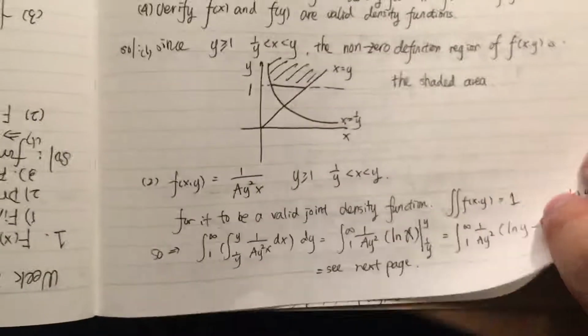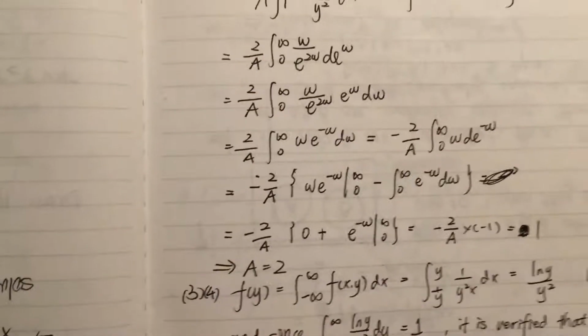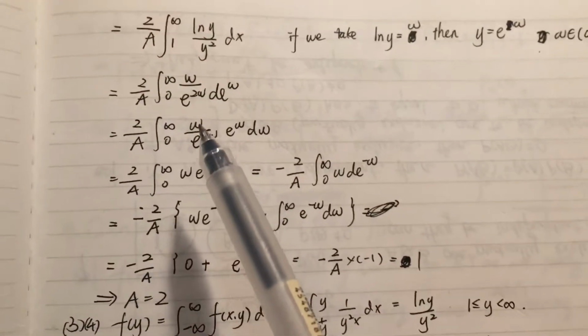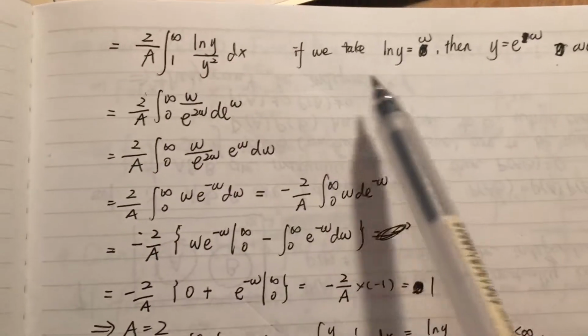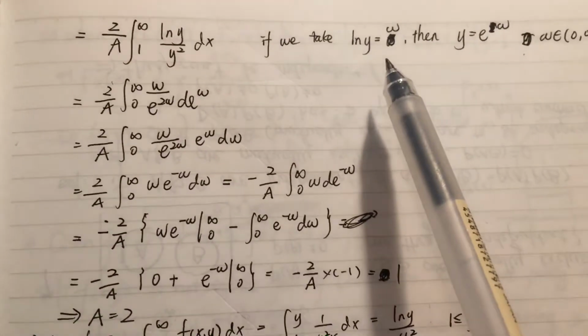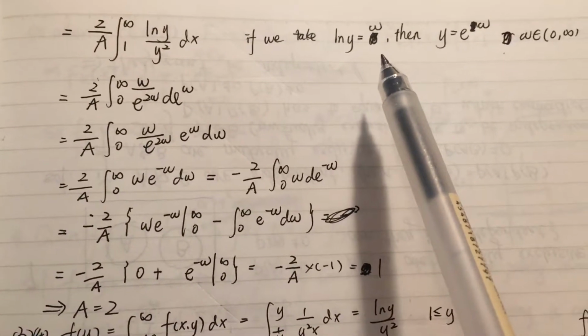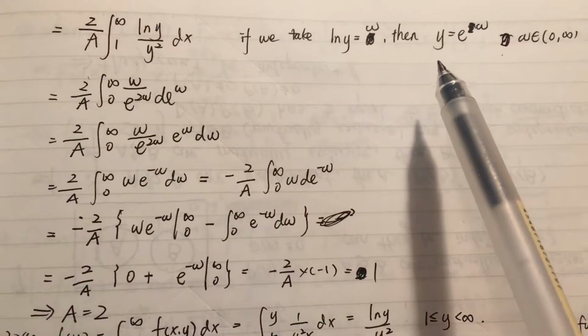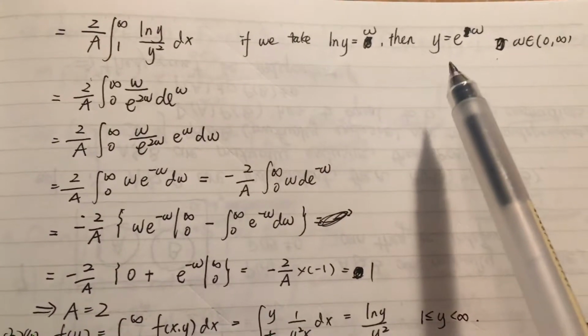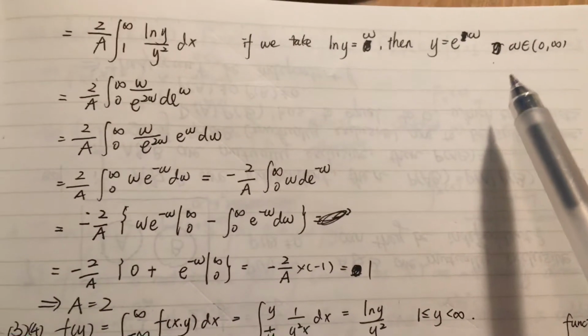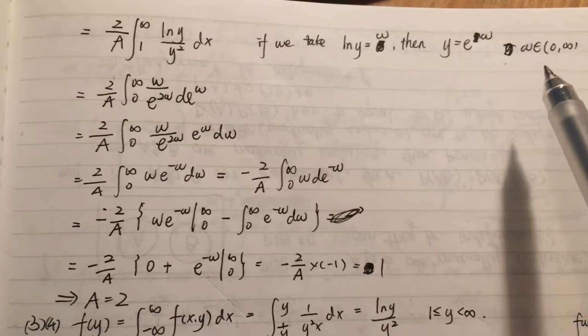If we see the next page, this value should be like this. If we let ln y equal another variable w, then y is equal to e to the power of w, and the domain of w is from 0 to infinity.